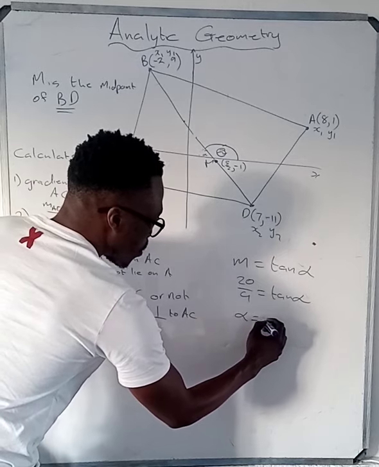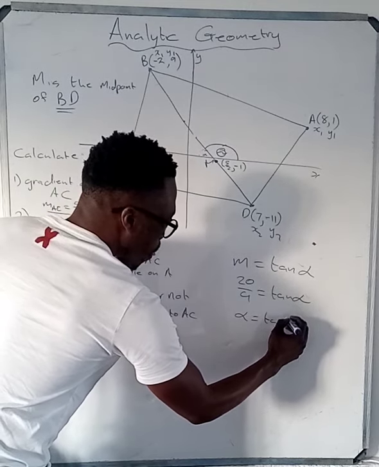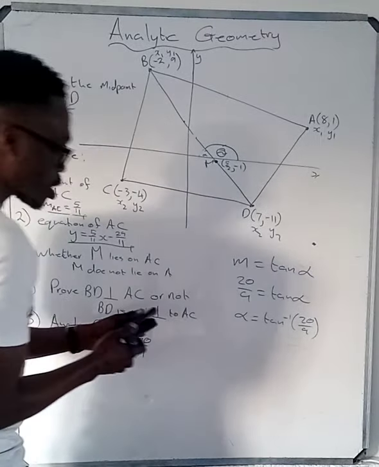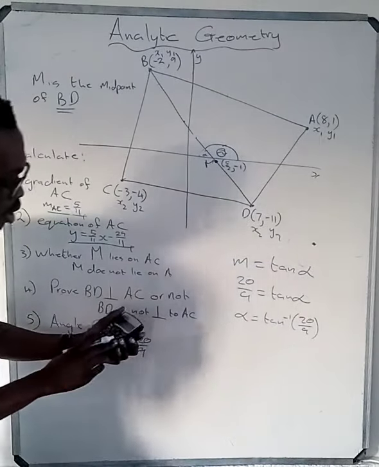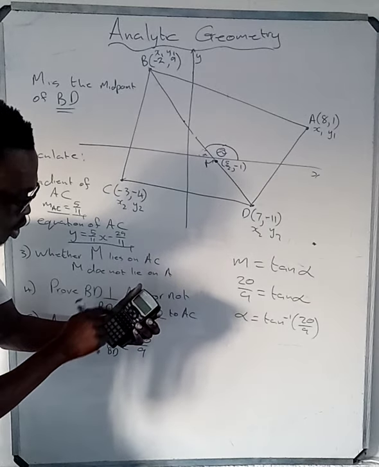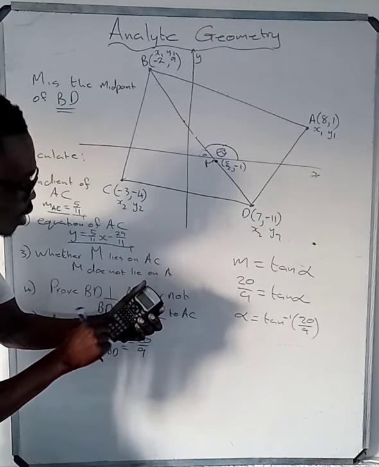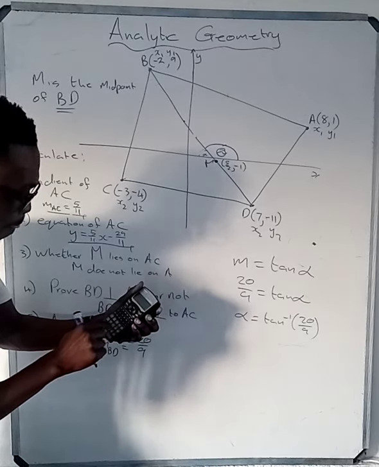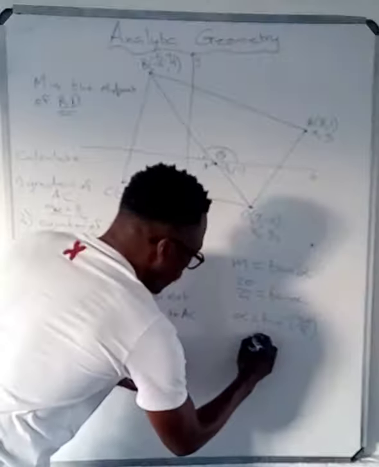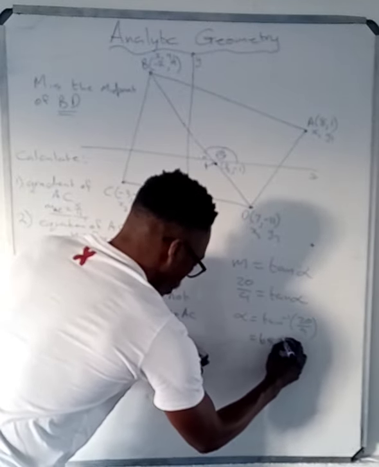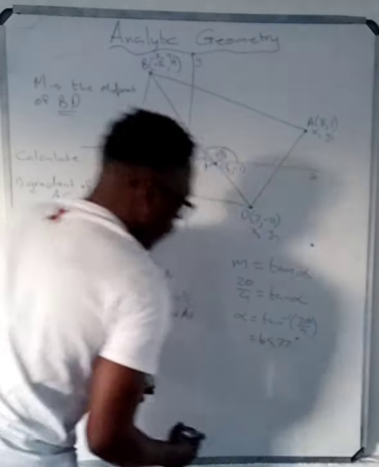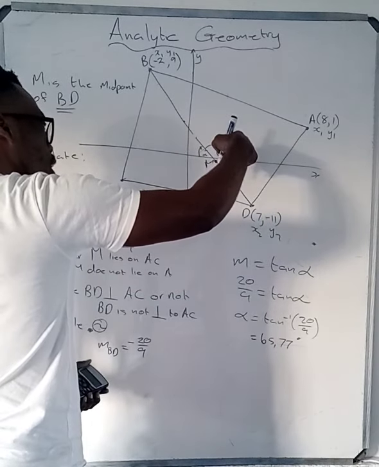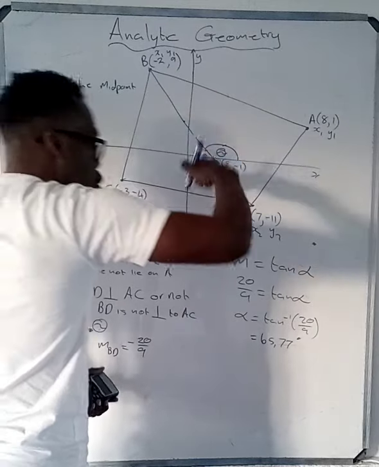Then alpha equals tan inverse of 20 over 9. On the calculator, that is shift tan of 20 divided by 9, which is 65.77 degrees. Now in line with the lesson, we use the line of 180 degrees.